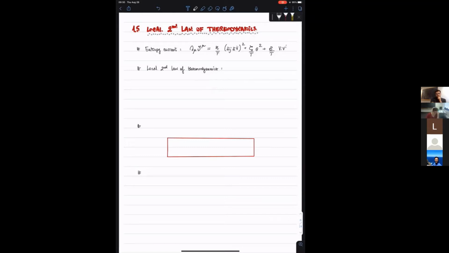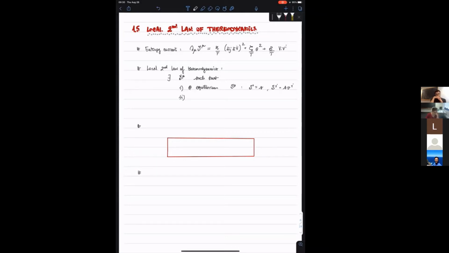It tells you that there exists an entropy current such that at equilibrium, it can be written in the form that I wrote before. So S^0 is the entropy density, and S^i is the entropy density times the velocity.